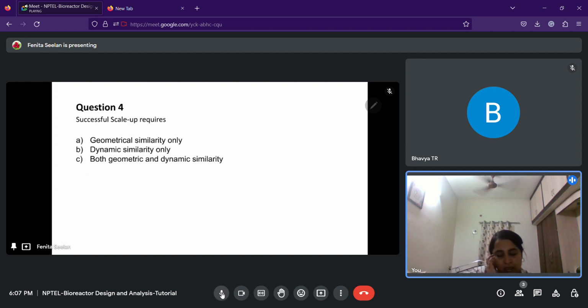What does a successful scale-up require? It requires geometrical similarity only, dynamic similarity only, or both geometrical and dynamic similarity. What is the answer for this question?